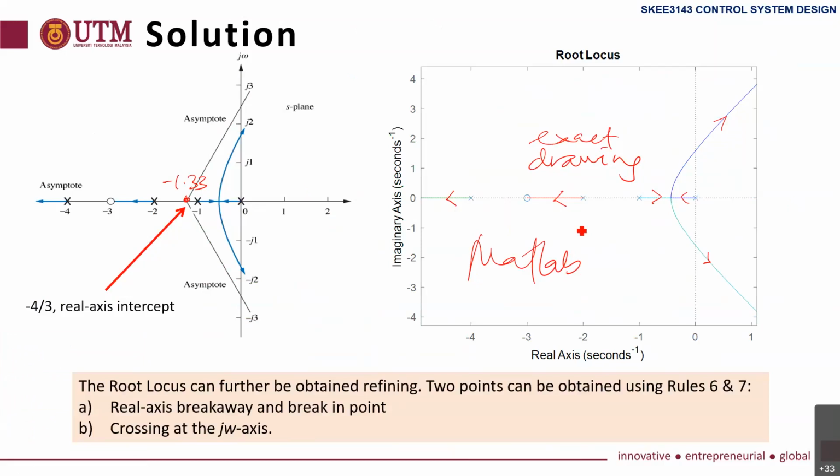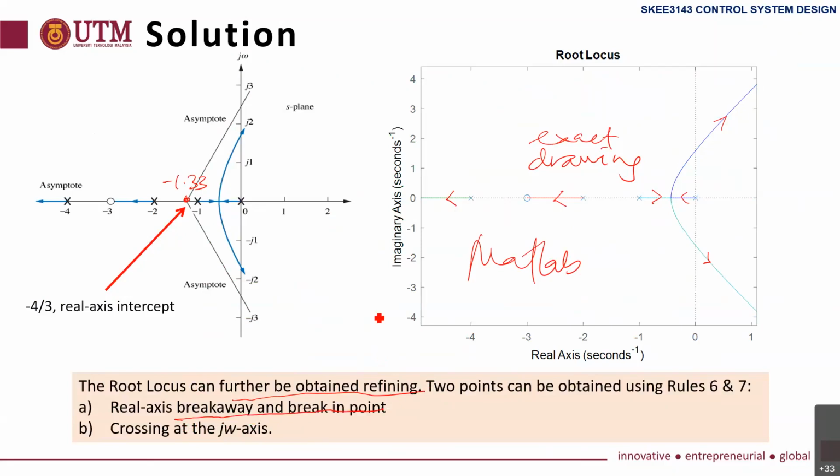So we have done rule number 1 until rule number 5. We move to another rule. The root locus can further be refined. This is the basis, 1 to 5. We can further refine it by considering rule number 6 and rule number 7. Rule number 6 is about real-axis breakaway and break-in points.